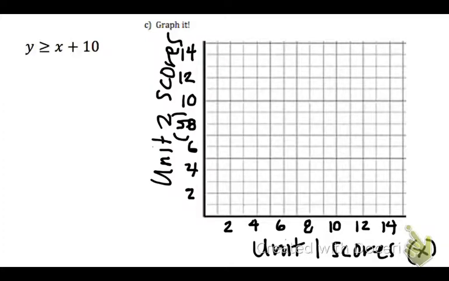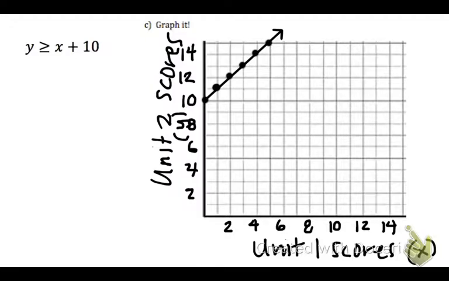If he scored 0, then he wants to get at least 10. If he scored 1, he would want to get at least 11, and so on and so on. So basically, it starts at 10, right? It starts at 10 and has a slope of 1 over 1. Now, because it's an or equals to, we want to have a solid line. And now the question is, where are we shading?